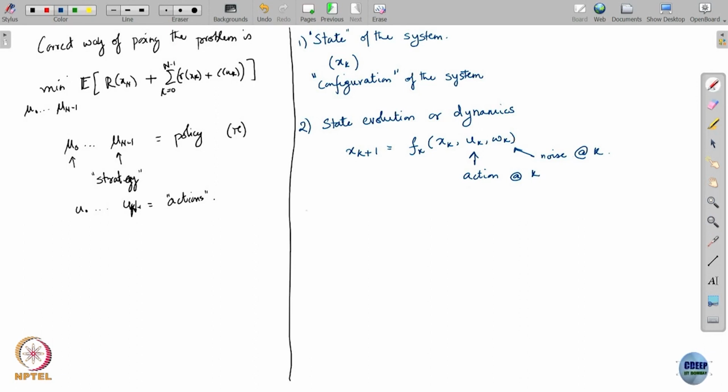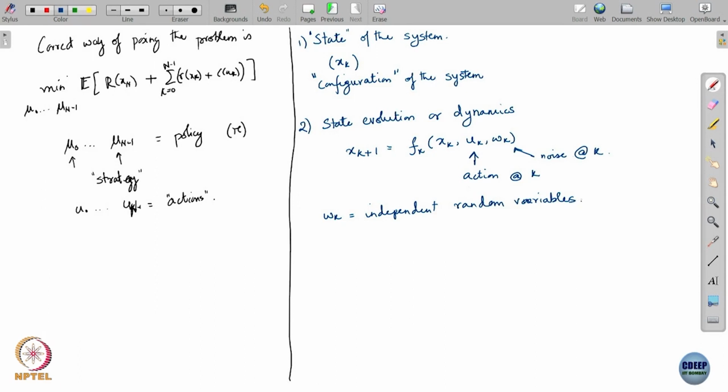Okay. So, this W k is noise. Usually, we take W k as independent random variables. In many cases, also identically distributed or 0 mean and so on, but that depends on the problem.